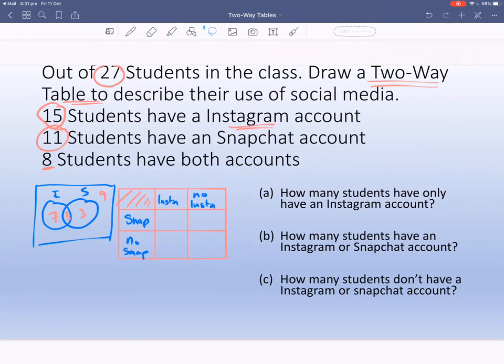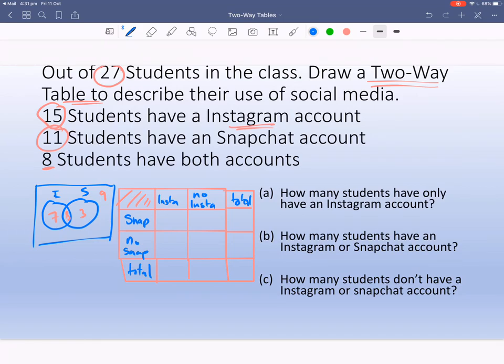I need to add an extra column in. So let's add an extra column in, and these are the totals.